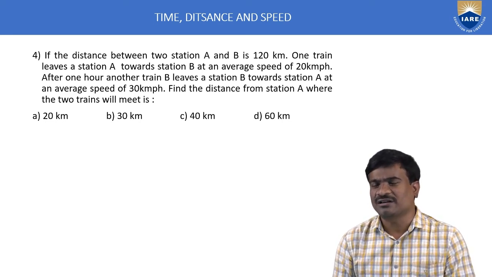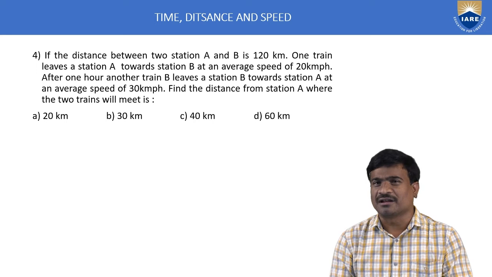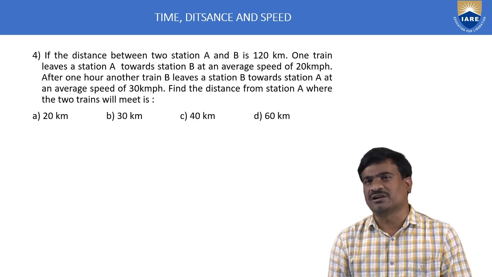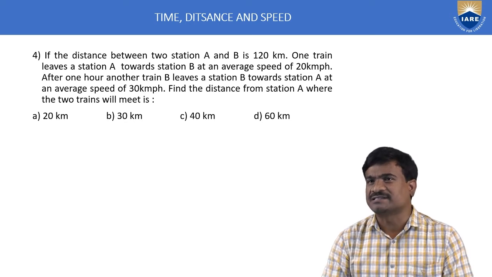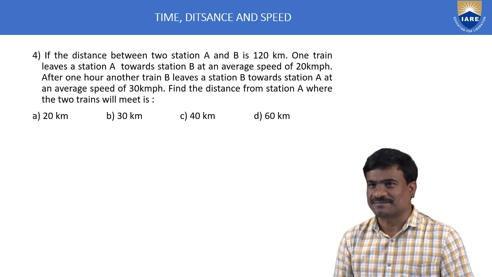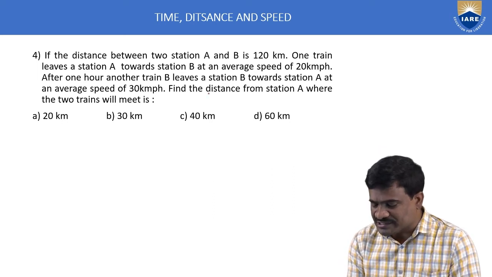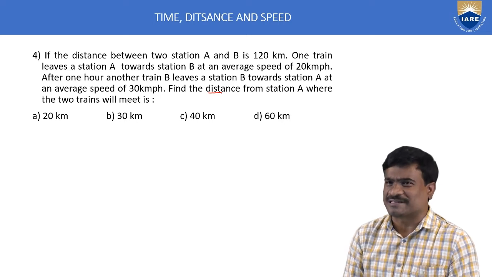After 1 hour, another train leaves station B towards station A at an average speed of 30 km per hour. Find the distance from station A where the two trains will meet. They calculate only the distance up to the meeting point, that is the distance from A is equal to the answer.